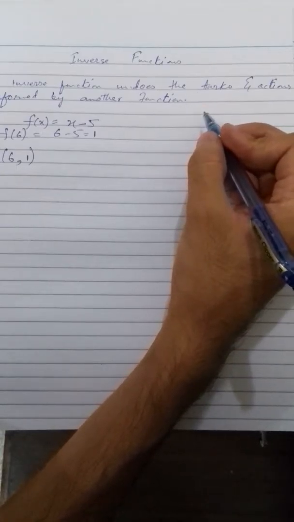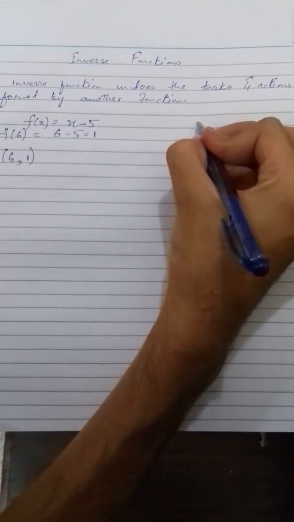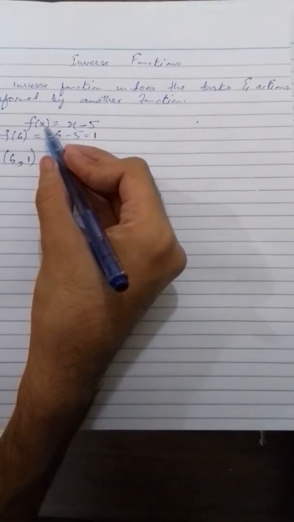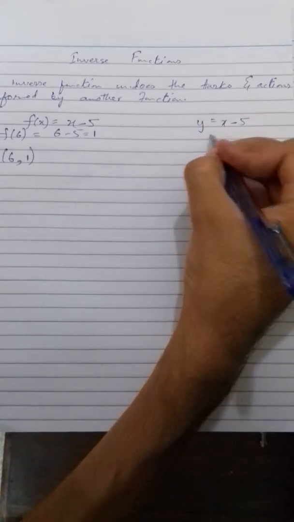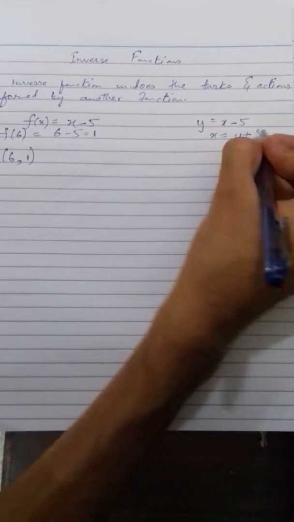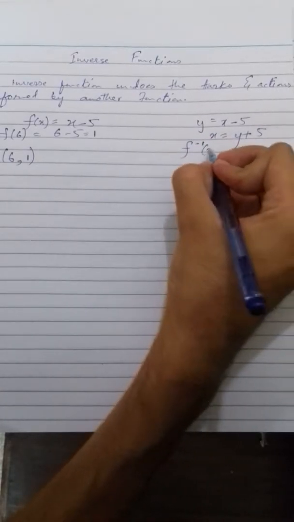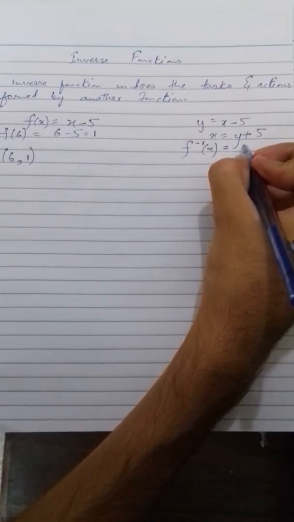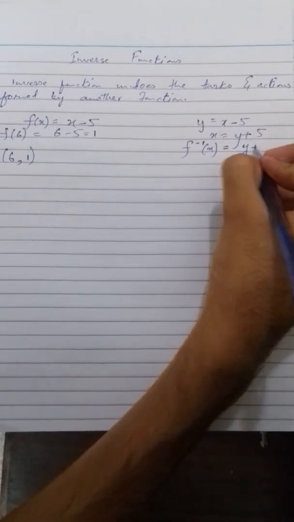The basic way to get to an inverse function from a particular function is to make x the subject of the equation. This particular function can be written as y = x - 5. We make x the subject: x = y + 5, and then f inverse of x is equal to y + 5.